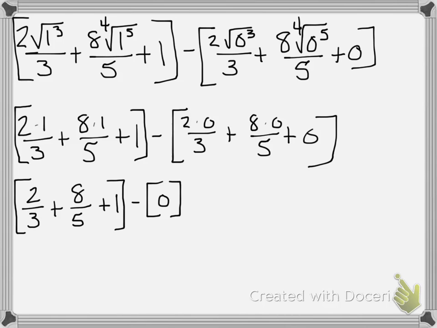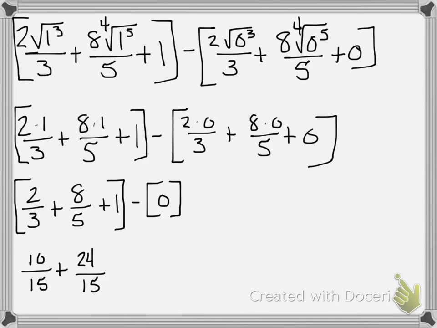So now we need to find a common denominator for all of this right here. And you can probably tell it's going to be 15. So we're going to have 5 times 2, which is going to give us 10, over 5 times 3, which will give us our 15, plus our 15 on the bottom. To get that, we've got to multiply by 3. We do that to the top and the bottom.